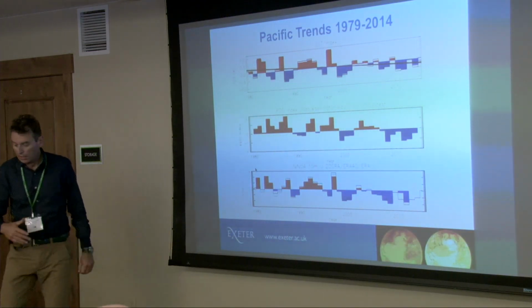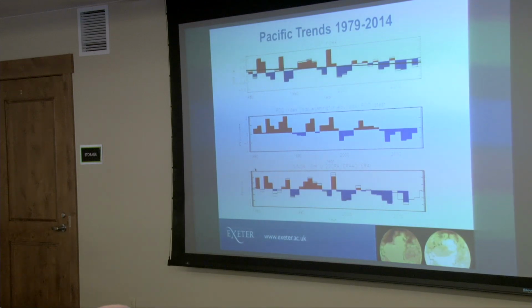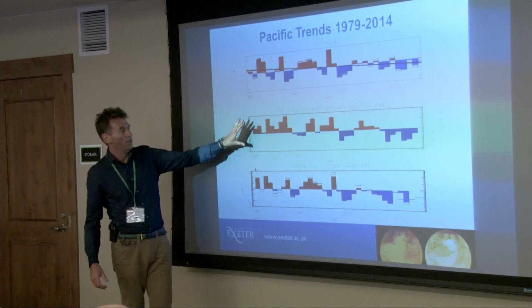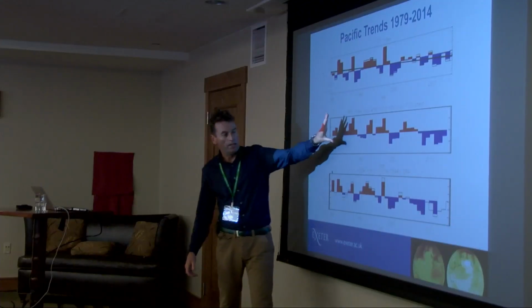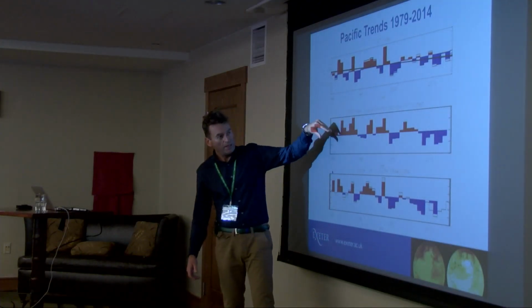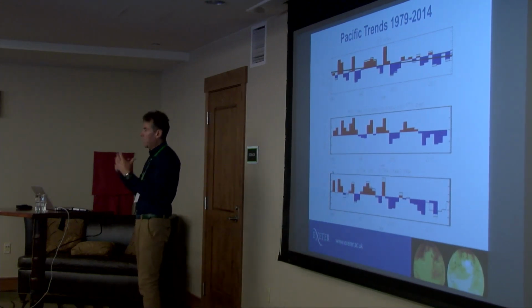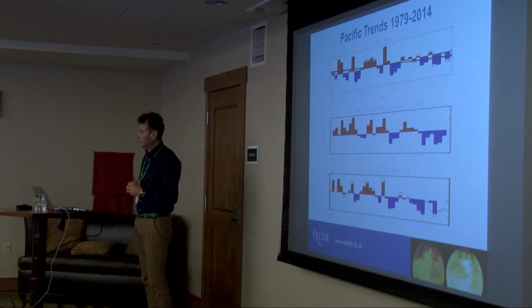You can see, if you stand back, some good correlations between all these time series, as you might expect from the SST and the PDO, and also possibly this indication of some negative trend.